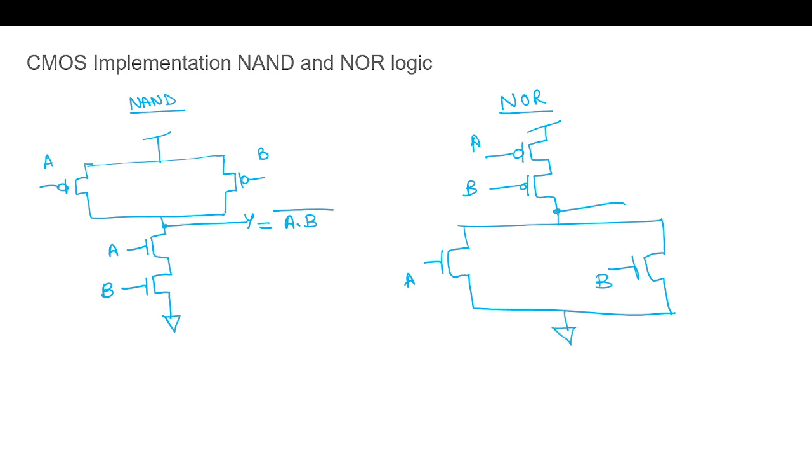So this gives A plus B complement, because if any one of the transistors is on, we have a path to ground and it's giving 0, so it's complementary. So these are the implementations and how we write the function from a CMOS circuit.